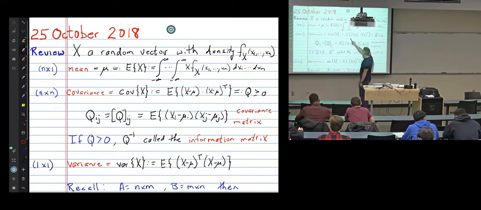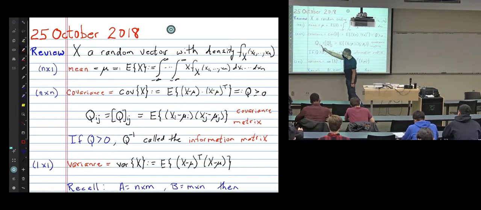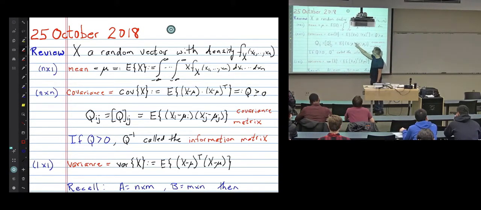So it is the expected value of x minus its mean, which is an n by 1, times x minus mu transpose, which is a 1 by n, to get us an n by n matrix. It's easy to check that Q is symmetric because it doesn't matter which order that I multiply scalars, okay?